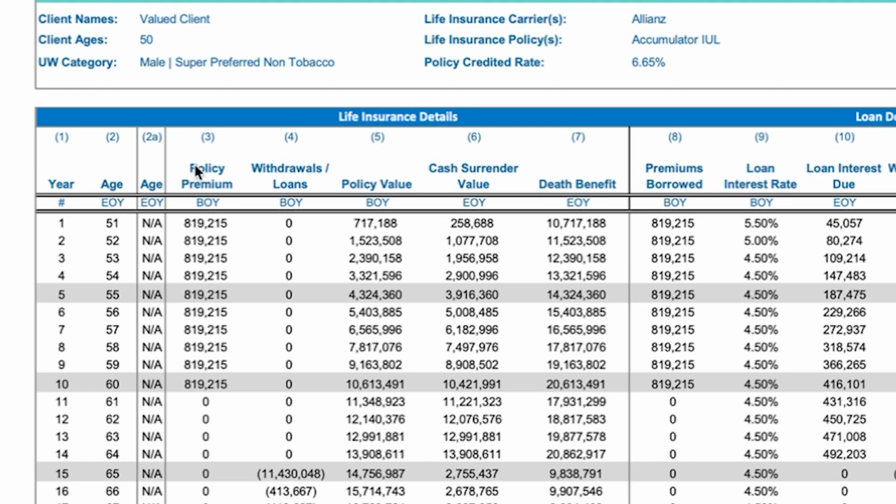So columns 3, 4, 5, 6, and 7 are from the insurance company: policy premium, policy value, cash surrender value, and gross death benefit.